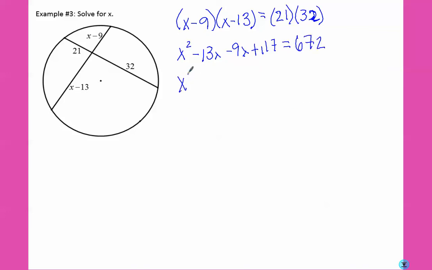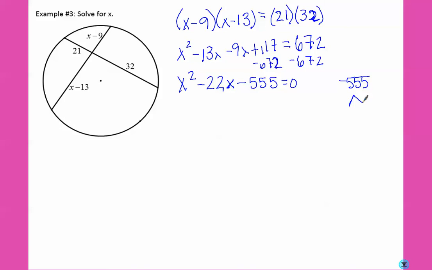So we get x squared minus 22x, and we need to make this 0, so I'm going to go ahead and subtract in the same step as well. Minus 555 equals 0. So 1 times negative 555.